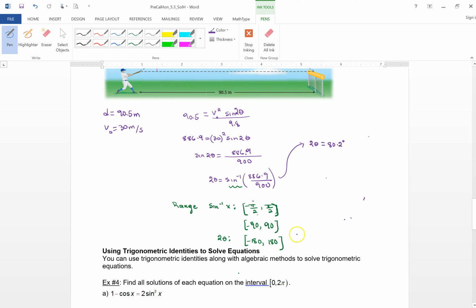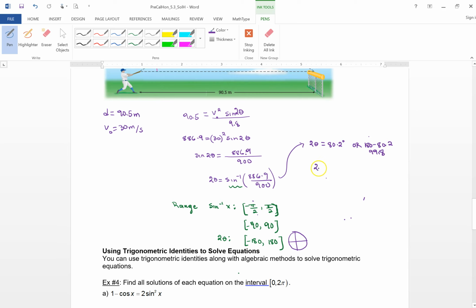Now, in this limit, when we're from negative 180 to 180, we have to go up to 180. So we also take 180 minus 80.2, which is 99.8.